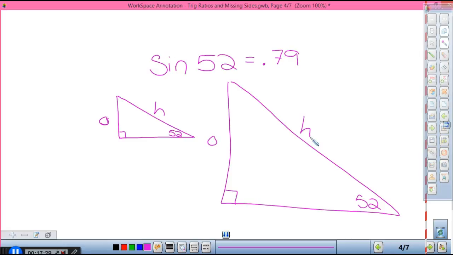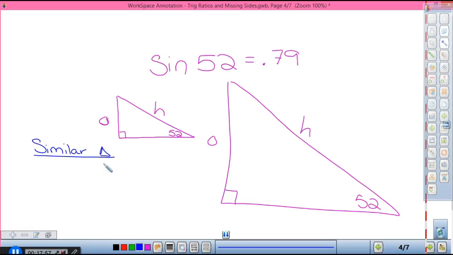Why? Yep, the answers are going to be the same. But why? What kind of triangles do I have? Okay, so I have right triangles. Do I have another congruent angle? Yes. So that makes my triangles similar.